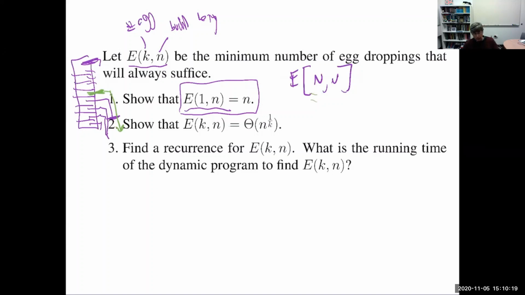We toss it out the middle floor, and if the egg breaks, then the transition point is here. If the egg bounces, the transition point is there. Does everybody kind of get that? So I want to say E of n n should presumably be log n. We may have to figure out if we round it up or down, but it should be clear that it's something like log n.